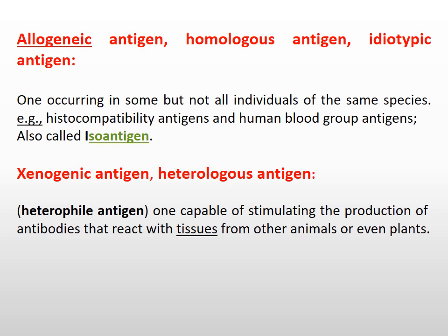This type of antigen is also called isoantigen. And a very common example is blood group antigen. Some of you have B plus, some of you have A plus, some have AB, some of us have O. So they are different in different individuals of the same species.